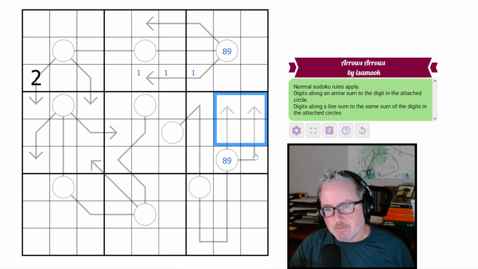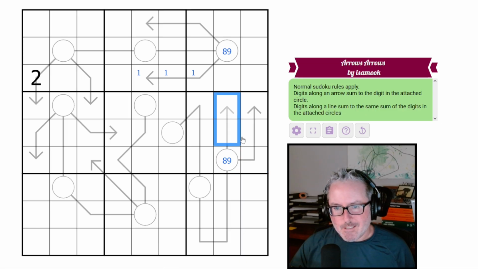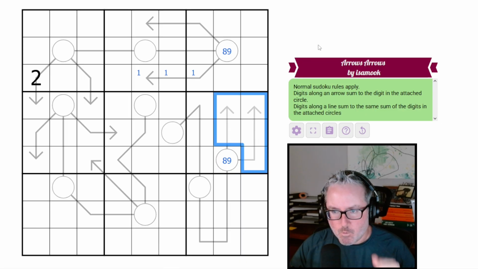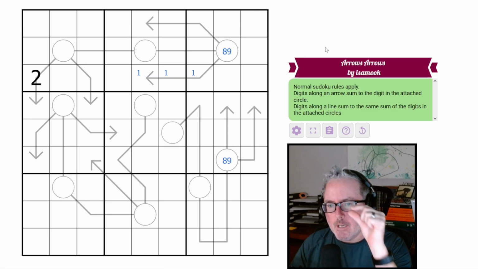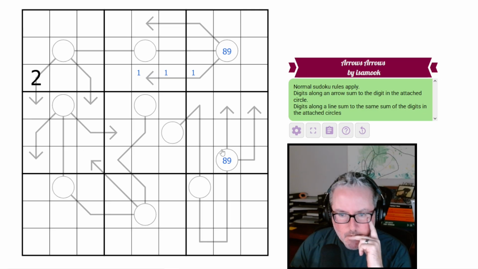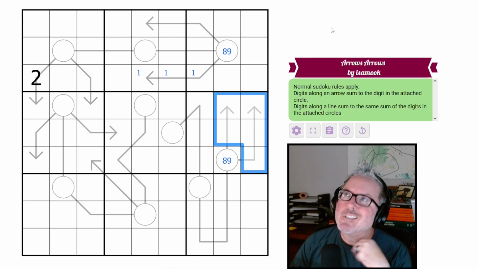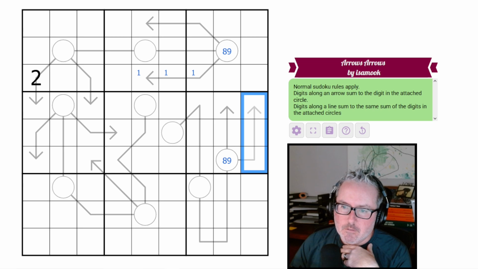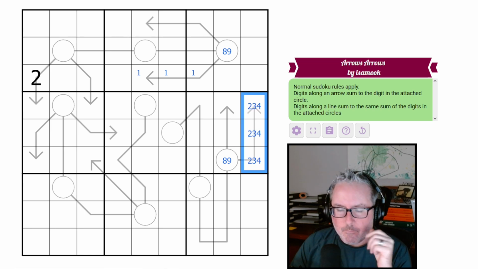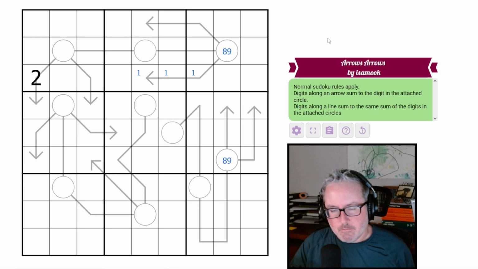Now it has to be 1, 2, 3, 4, 6 because 1, 2, 3, 4, 5 is 15. 2 8s is 16. You just have to increase it by 1 digit. So you have to bump the 5 up to a 6. Now the 9 probably has other restrictions? No, it's fine. The 9 doesn't have as much restriction.